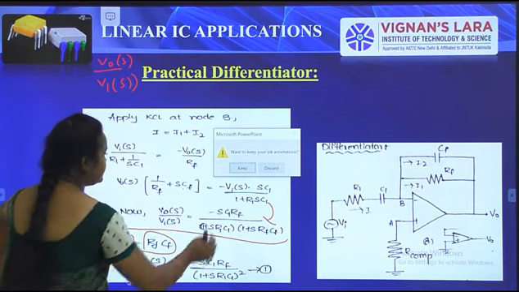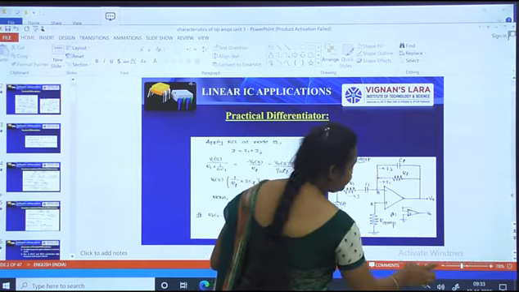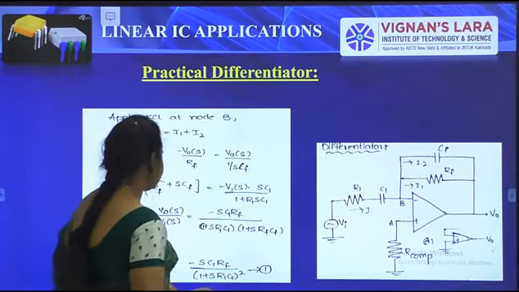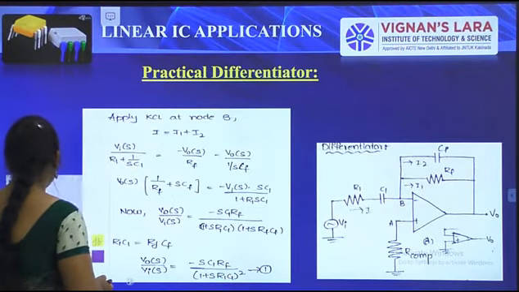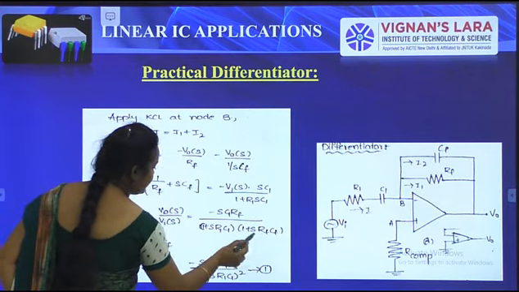This is the first equation. We can also get the terms like this: 1 plus SC1 R1, and in place of R1 C1 we can put RF CF.